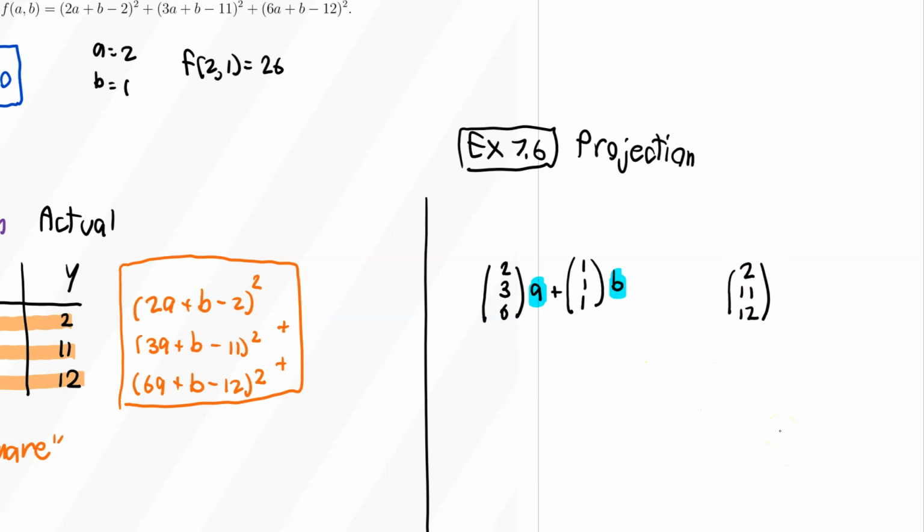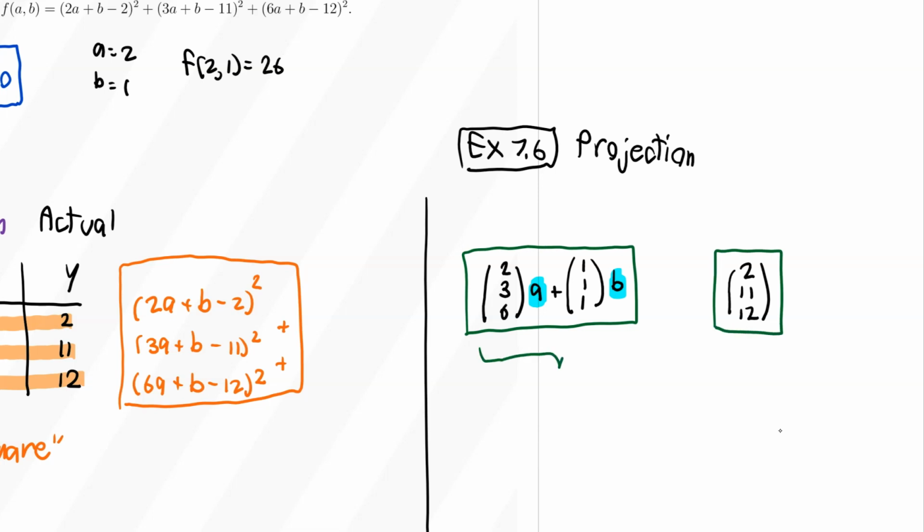So I would like for these two vectors to be as close as possible. If I write down my left-hand side, I'm going to have 2a plus b, then 3a plus b, and then the last one is going to be 6a plus b. Whereas my right-hand side is going to be just 2, 11, and 12.